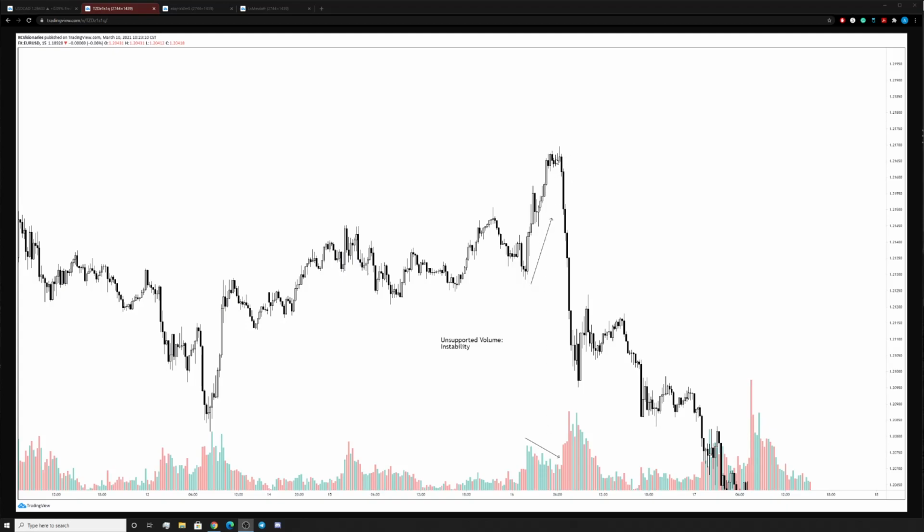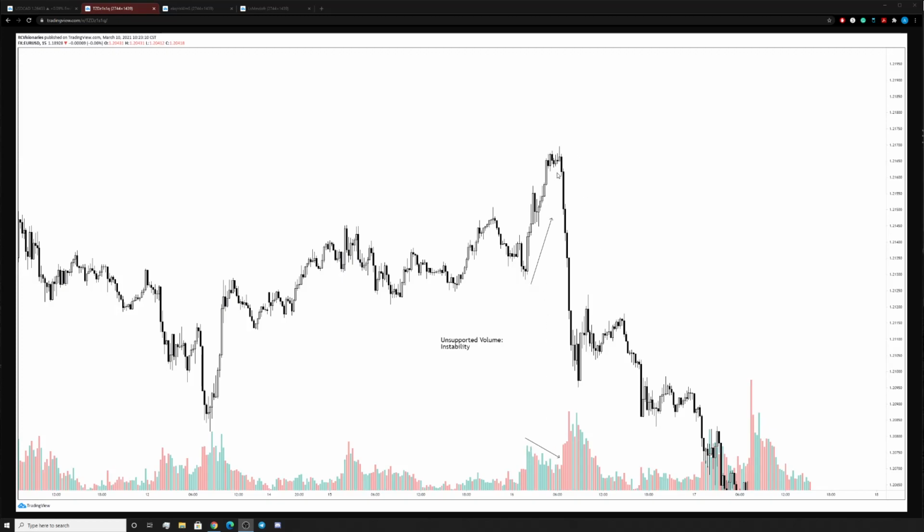Theoretically, if it's unstable, then naturally the direction isn't meant to go up. Maybe there's something we are mitigating on a higher time frame.